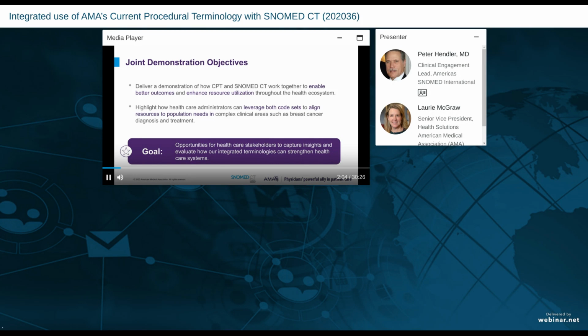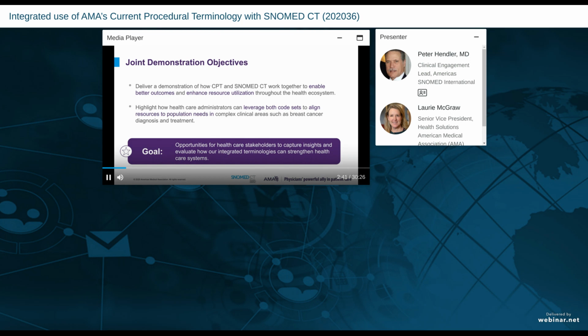In August 2020, the American Medical Association and SNOMED International announced a demonstration of how current procedural terminology, which is CPT, and SNOMED CT can work together to facilitate better outcomes and enhanced resource utilization by data analysis. The AMA SNOMED International demonstration product shows the advantage of using the two terminologies together, providing a path from clinical documentation to resource utilization insights.